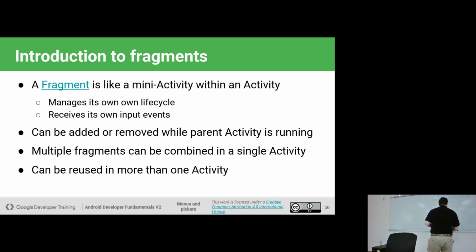So one of the places that fragments are really helpful, let's say on a phone, I have one screen that is a list of articles, and then I have another screen. Once you click on an article, you go to it, and it'll show you the body, the text of that article.